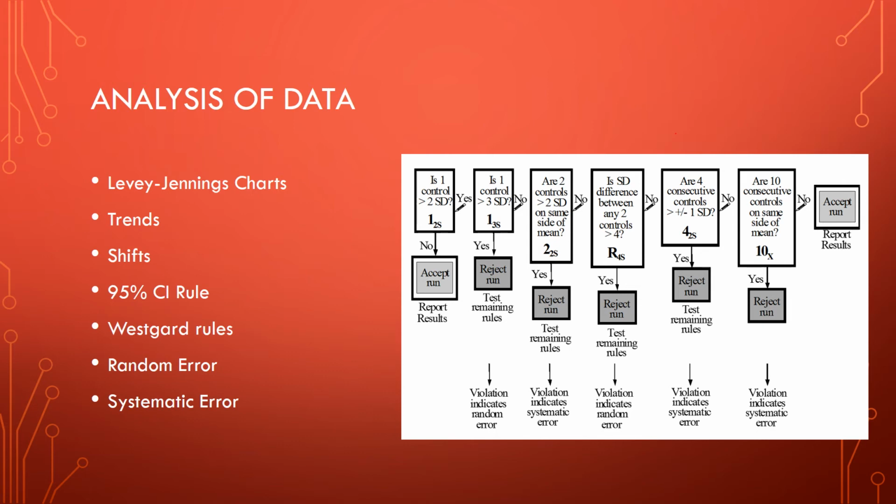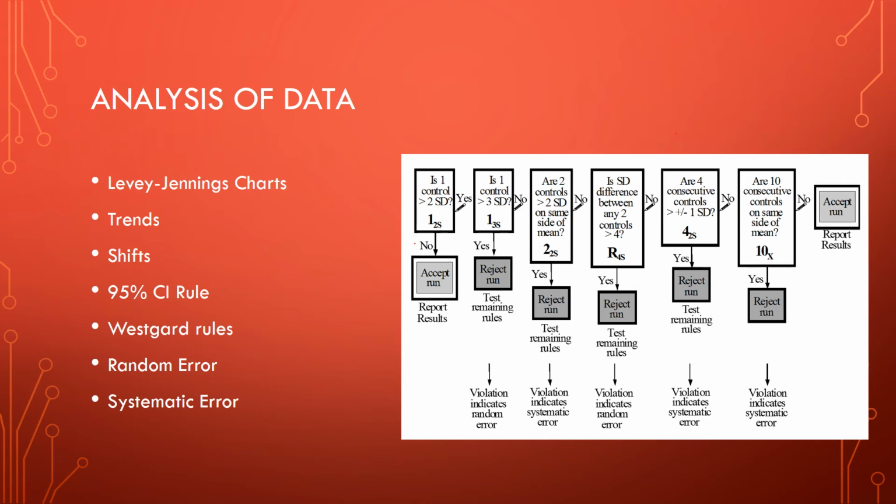If your control material is within 2 standard deviations, then you're fine. Okay, you're not going to hit the same exact number every day. We know that. So if it is within those, less than 2 standard deviations, you're fine. Keep running it. You can see here, if it's not outside 2 standard deviations, you accept the run and report the results.